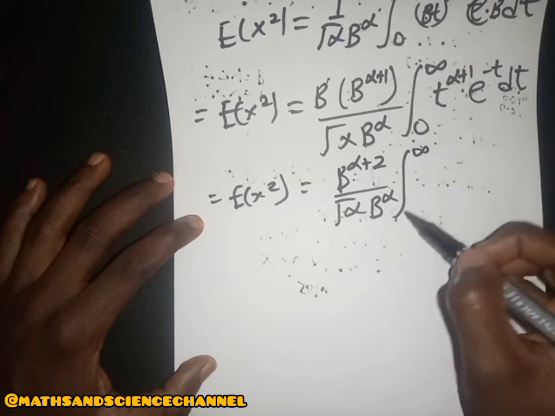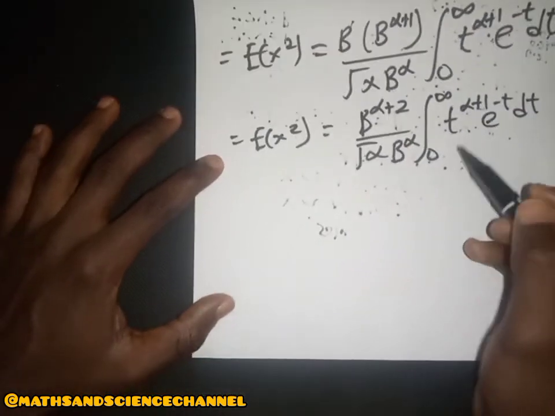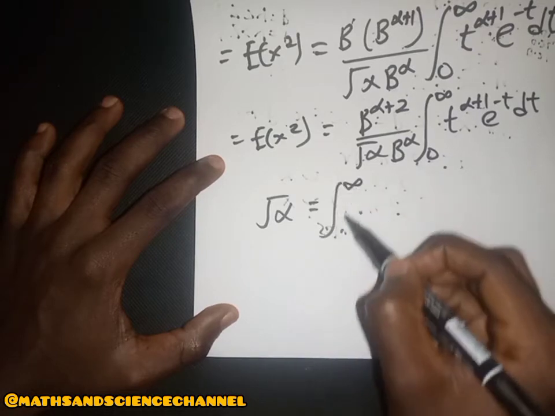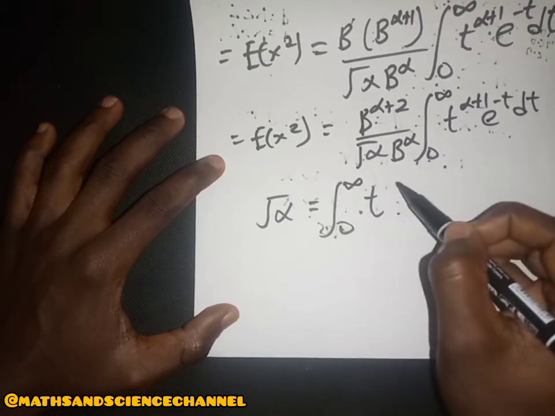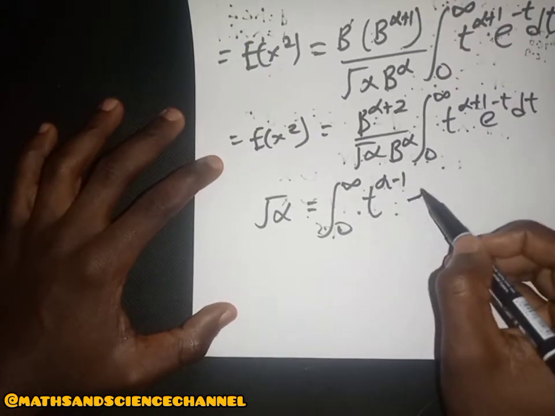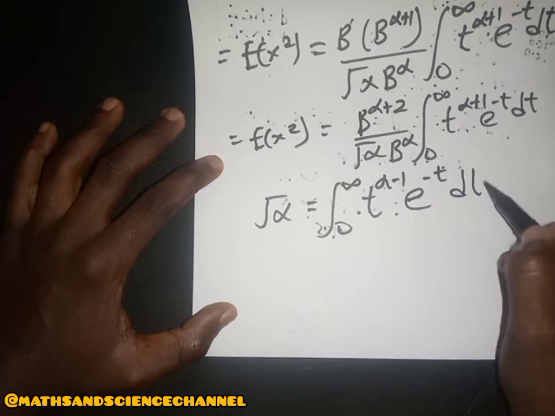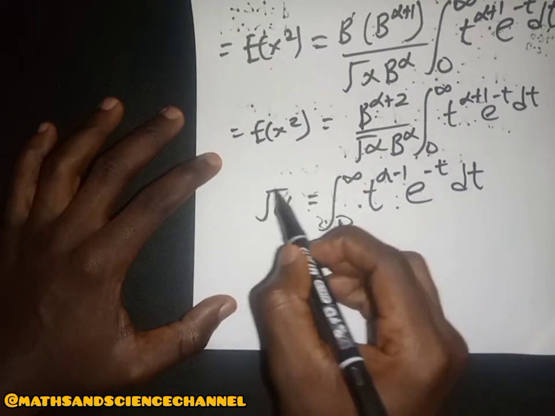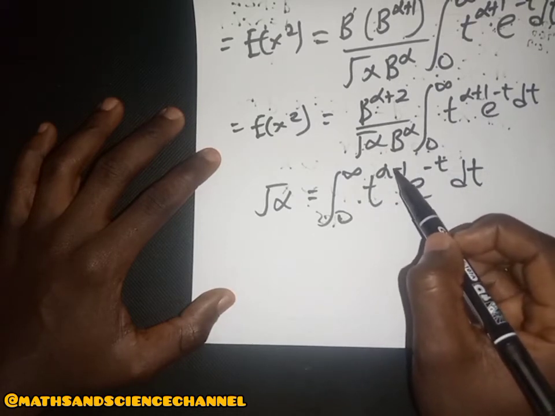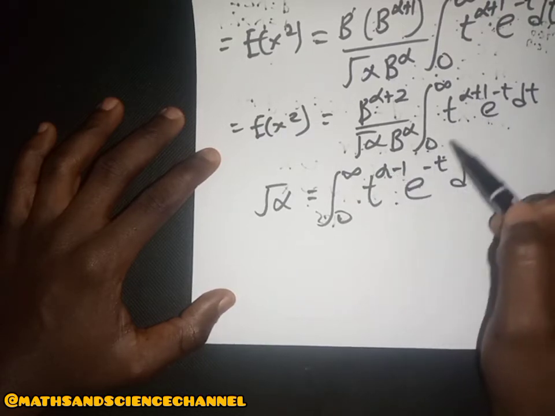And then again when we compare this to the general gamma distribution function, we said that the gamma of alpha here is equal to the integral from 0 to infinity of t to the power alpha minus 1, e to the power negative t, dt, and we are saying that this is equal to the gamma of alpha. So when we compare the whole of that, we realize that we have alpha minus 1 here, but over here we have alpha plus 1. So how do we make this equal to that?